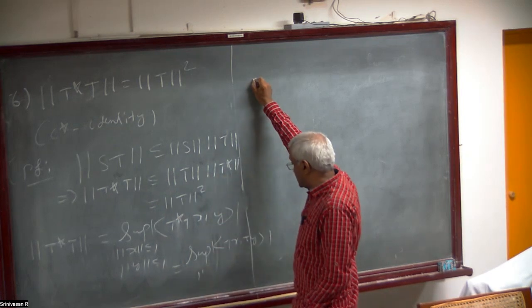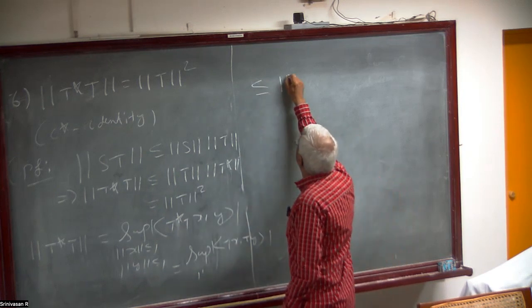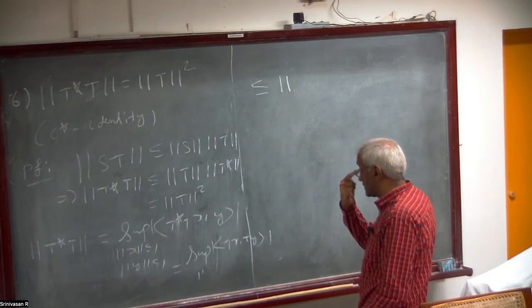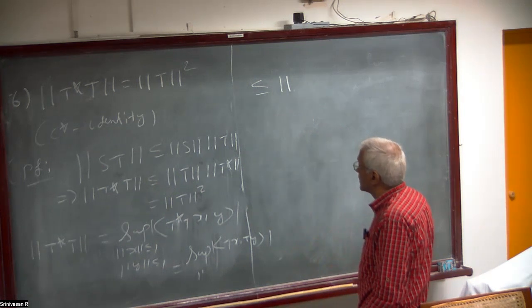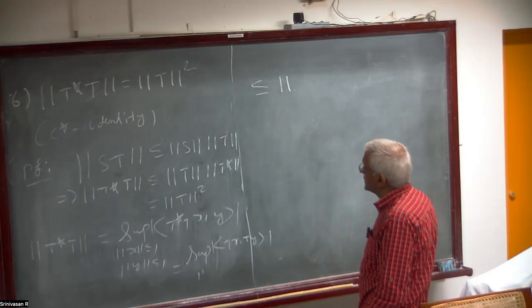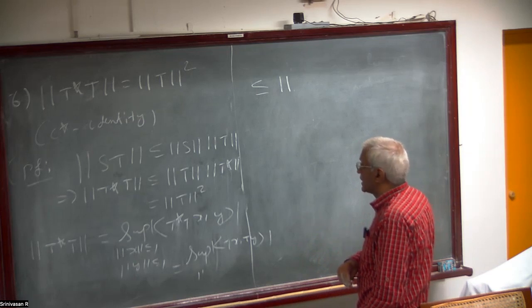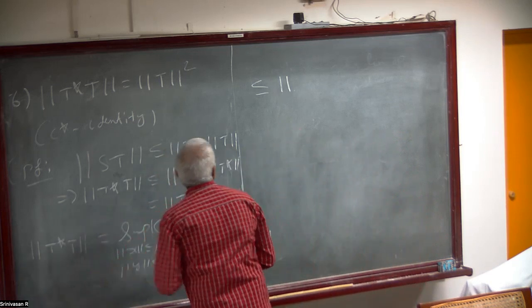And so that is less than or equal to. Now we get the same way, no? That's not what I want to do. I want it the other way. This gives the same way, that's what I was saying.